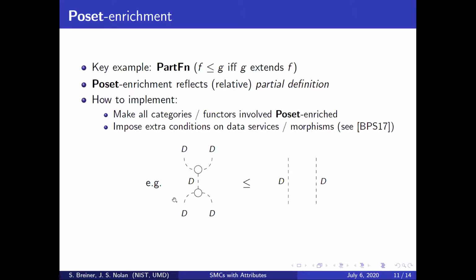So one of the example inequations that we require to hold is that if you take two data services and you filter them for equality, and then you copy the result, that always gives you the same results as just doing nothing to the two input values whenever this one is defined. But this one is typically going to be much less frequently defined than just doing nothing.